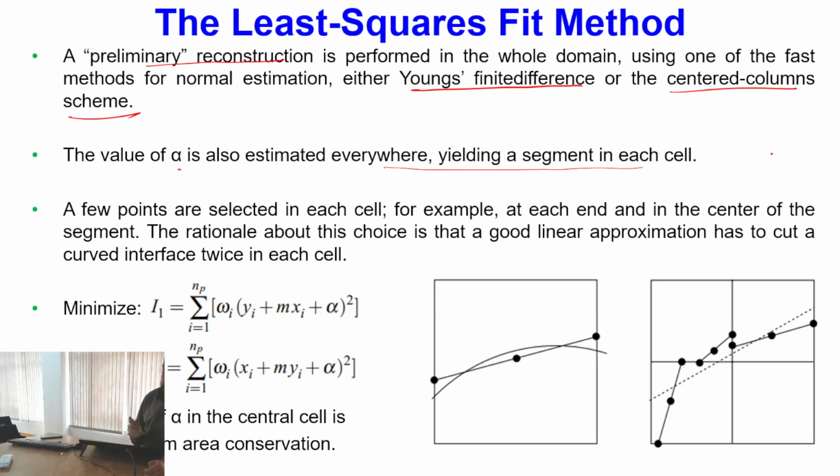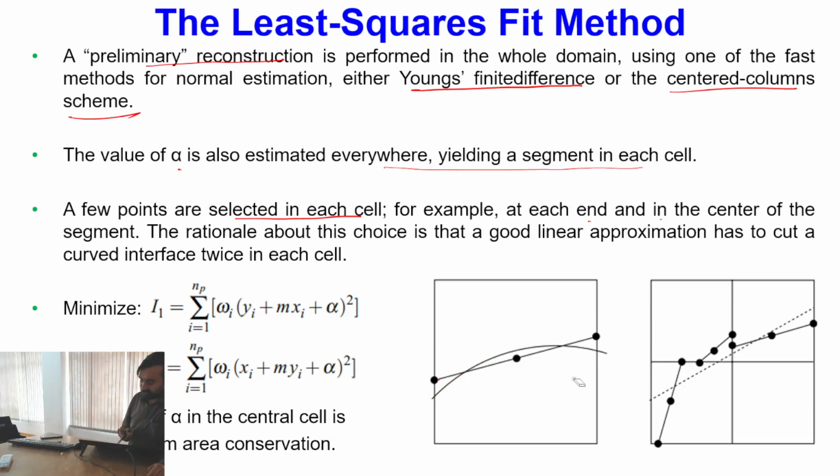After that, a few points we will be selecting in each cell. For example, points at the endpoints and one at the center. Here you can see, say this is a true curve, for this true curve you have selected 3 points in each cell, 2 points at the corner points.